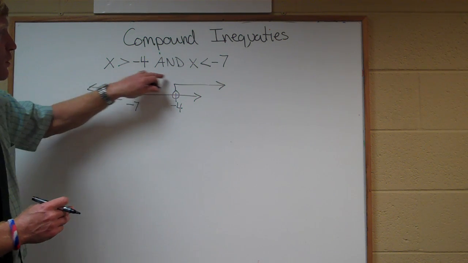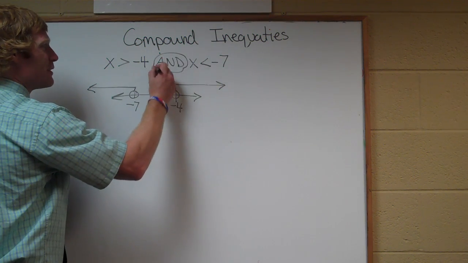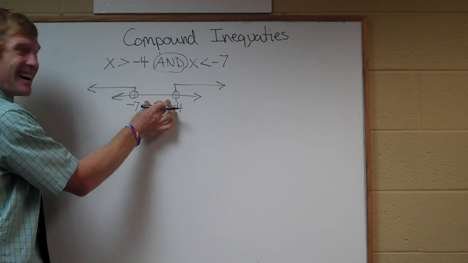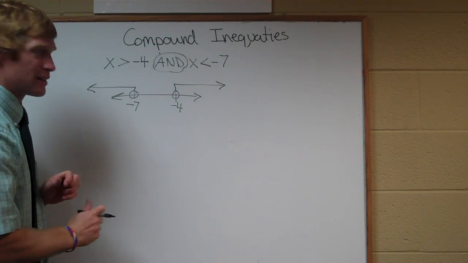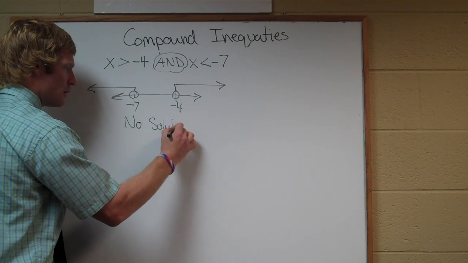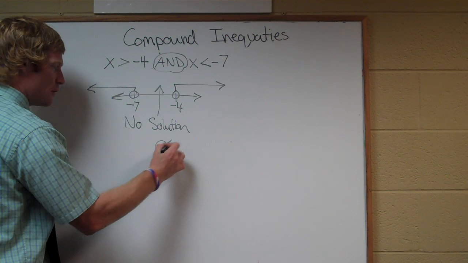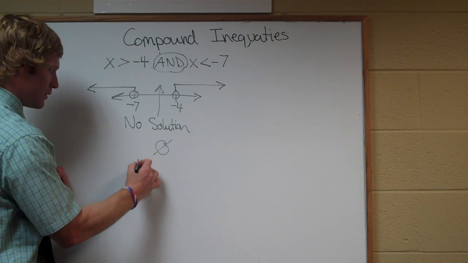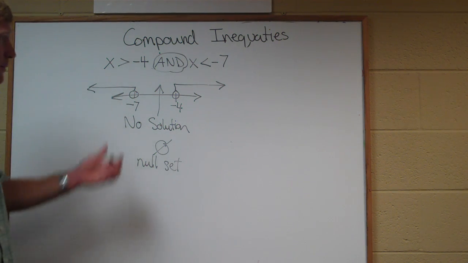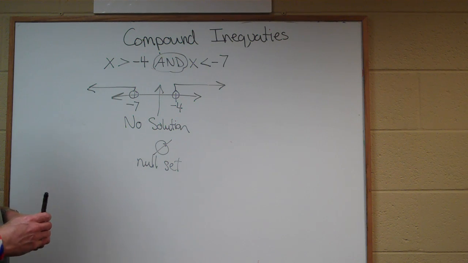So for this situation, this is again a special case for the AND statement, that if you get to those final inequalities and graph them, and you recognize that they do not intersect, there is no solution to this problem. And we use this sign, which is null set, to represent this. So again, a special case. Please make note of that, because you're going to find those coming up.